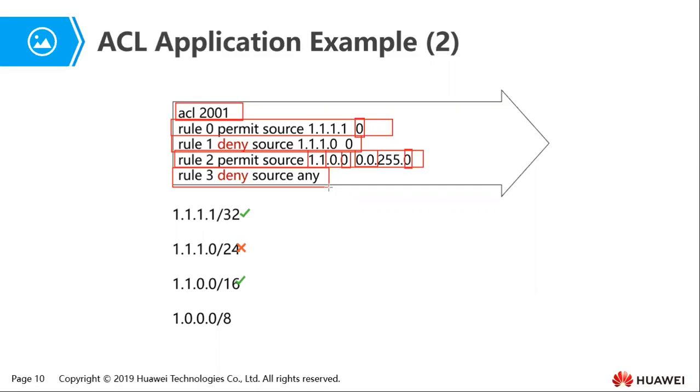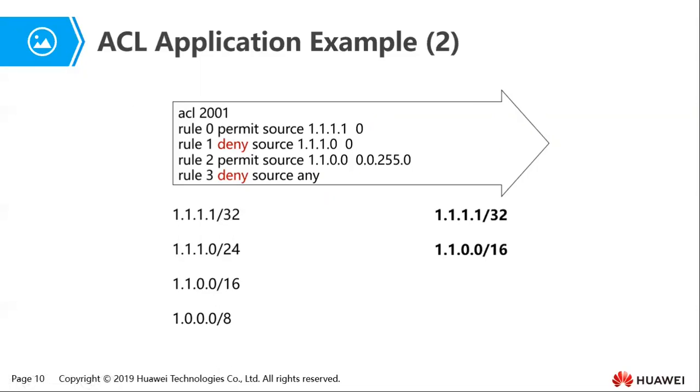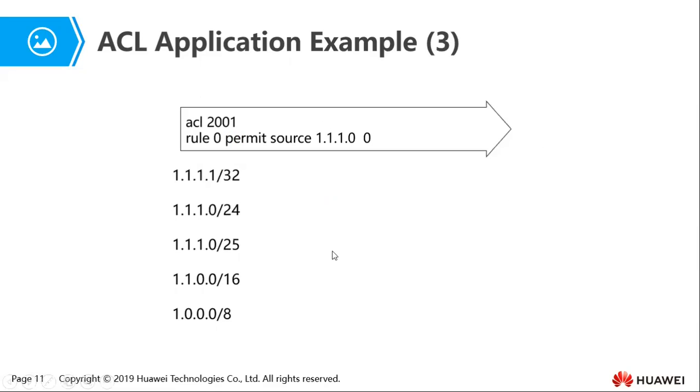Actually, it's recommended that you set it as permit source any, so that any other thing that is not denied is allowed. So from this rule, the 2 that have been permitted are 1.1.1.1/32 and 1.1.0.0/16. I hope we remember that.